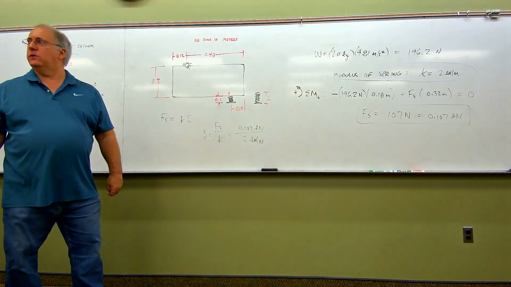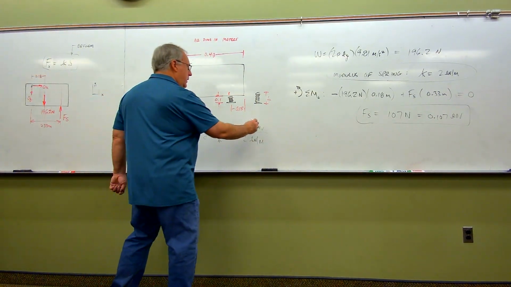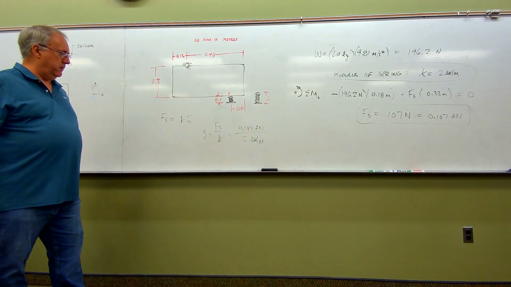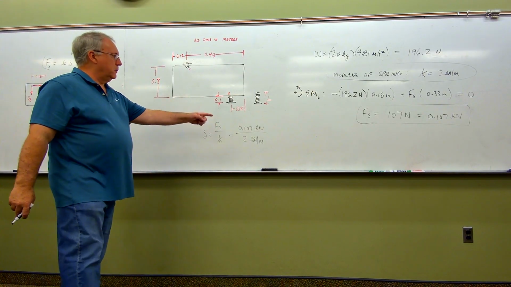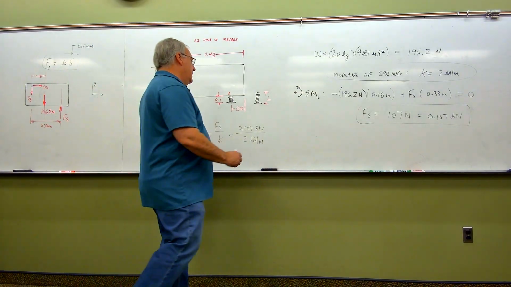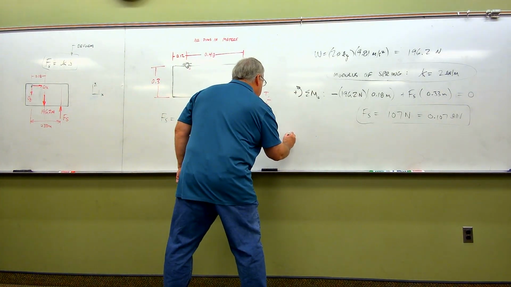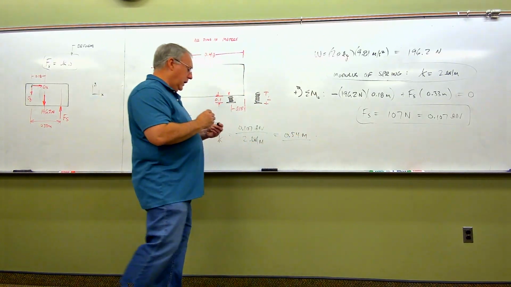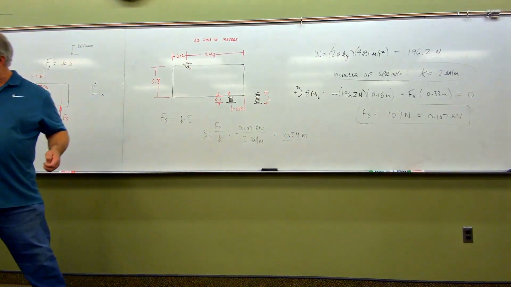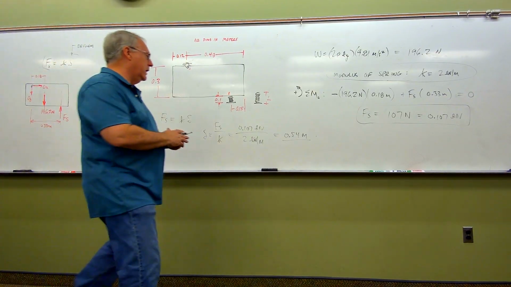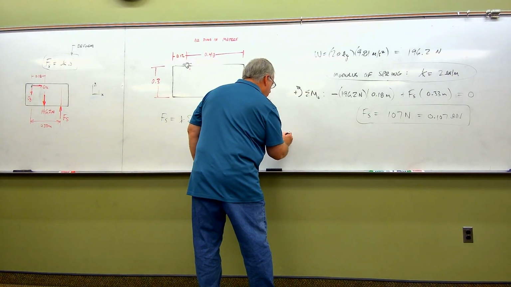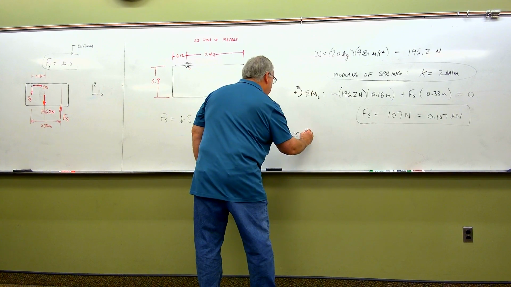And folks, those kilonewtons are going to cancel right out. The 1 over meter is going to flip up to the top, it's going to become meter. So 0.107 divided by 2 ends up being right around, I'm sorry, I wrote that down wrong. It is not 0.54, folks, it's 0.054 meters.